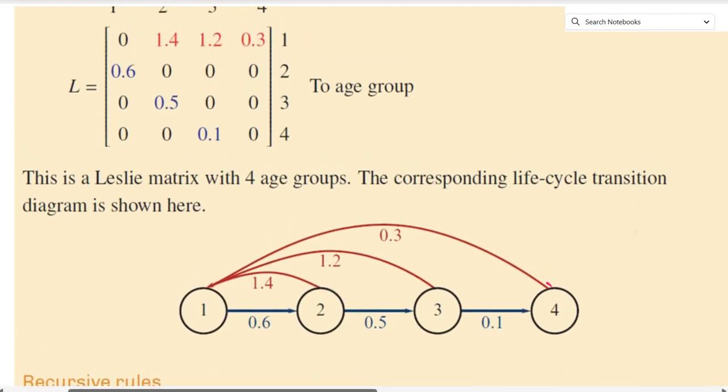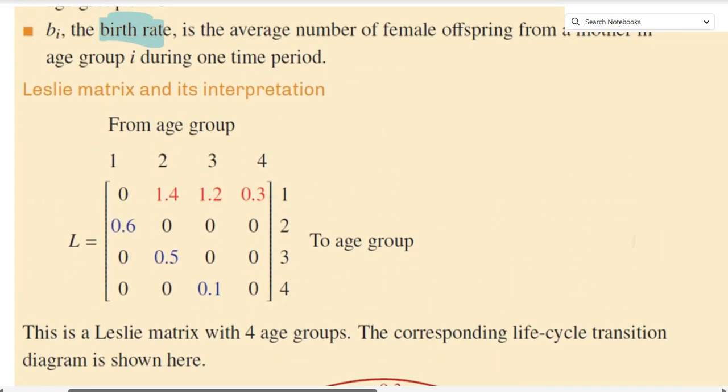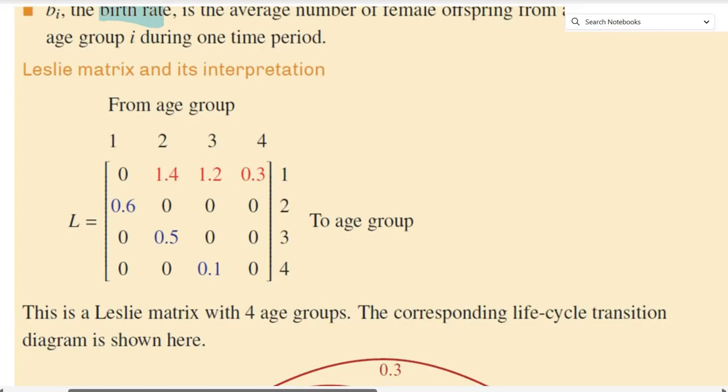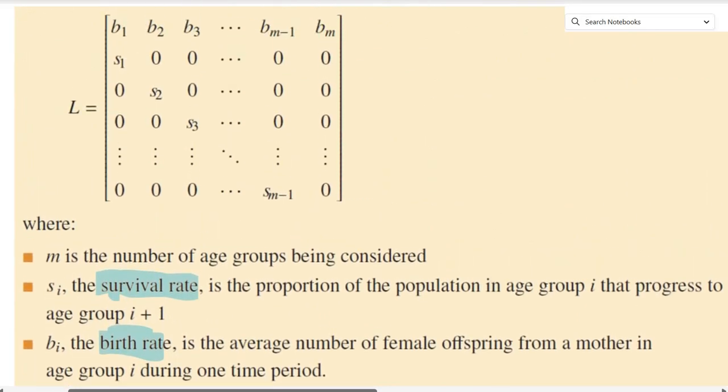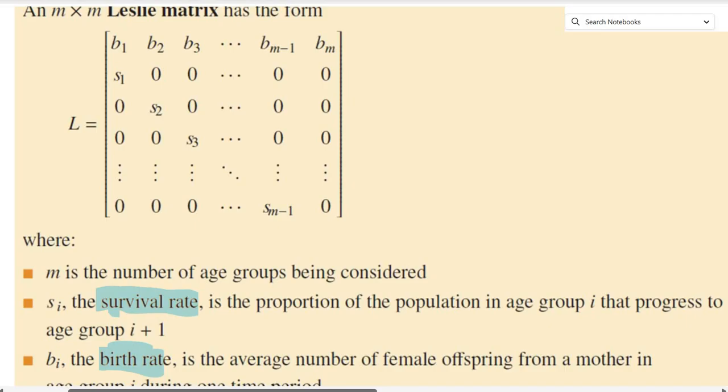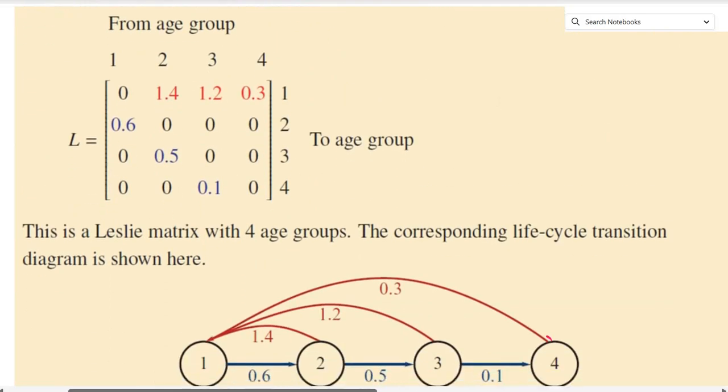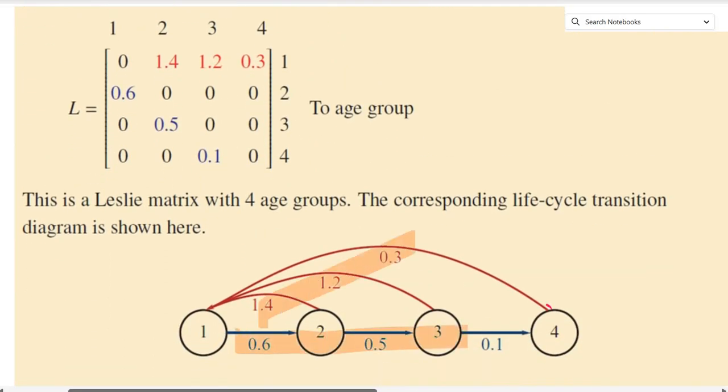To show this as a Leslie matrix, we have our survival rate going from the first column of the second row and going down diagonally. And we've got the birth rate. The birth rates are the numbers here, and the survival rates are the numbers here.